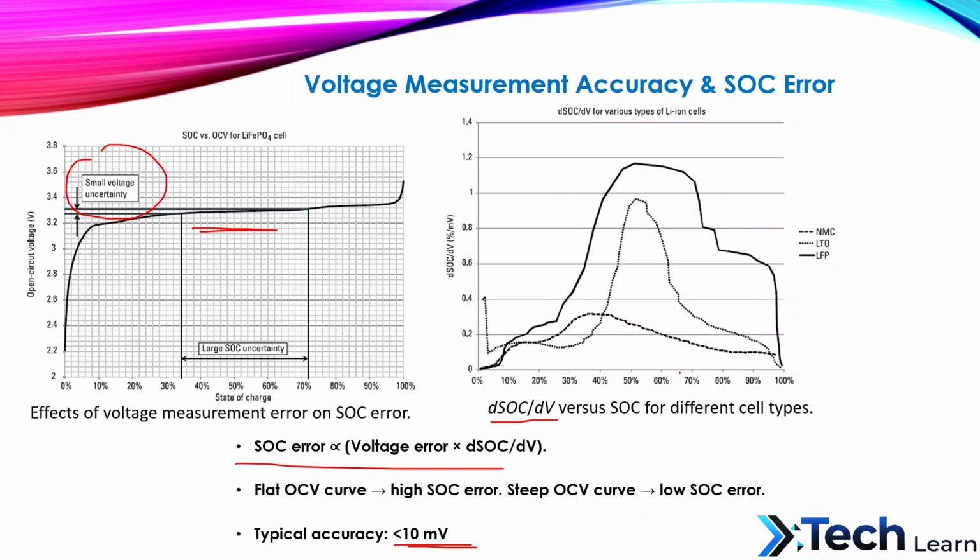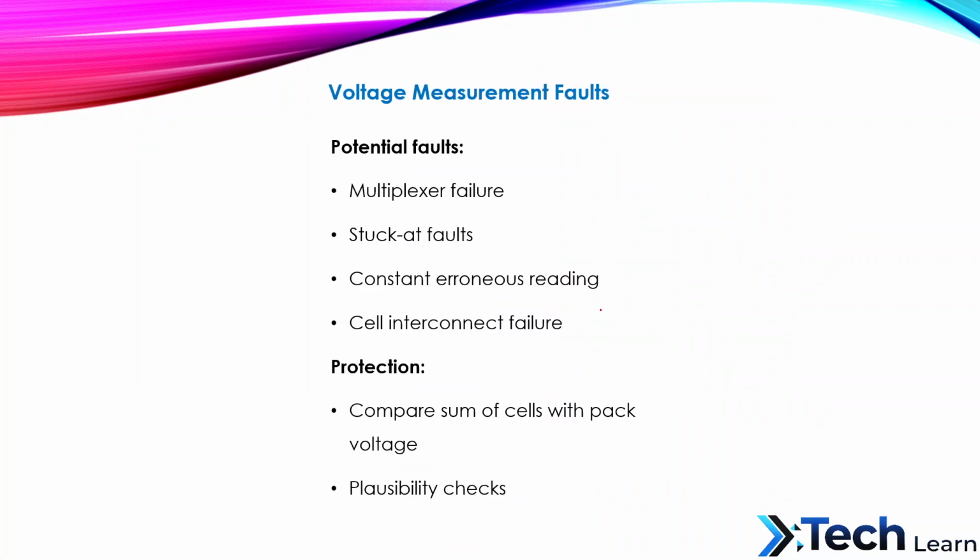Now we are going to see the measurement faults. In voltage measurement, there are several possible failure modes. A multiplexer may measure the wrong channel. A constant but incorrect voltage may be reported.